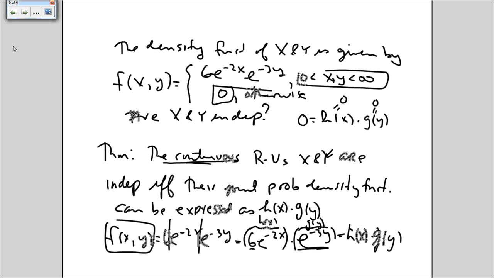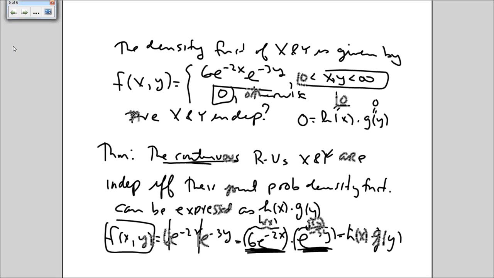To be a function of x means the only letters you can see are x's. Notice I don't say the only letters you must see are x's. You can see letters other than x to be a function of x.